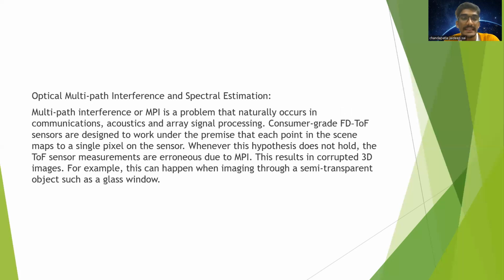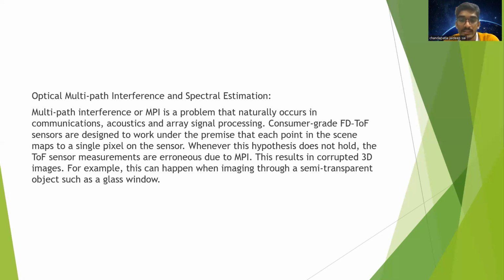Optical multipath interference and spectral estimation. Multipath interference, or MPI, is a problem that naturally occurs in communications, radar, and array signal processing. Consumer-grade FD TOF sensors are designed to work under the premise that each point in the scene maps to a single pixel on the sensor.